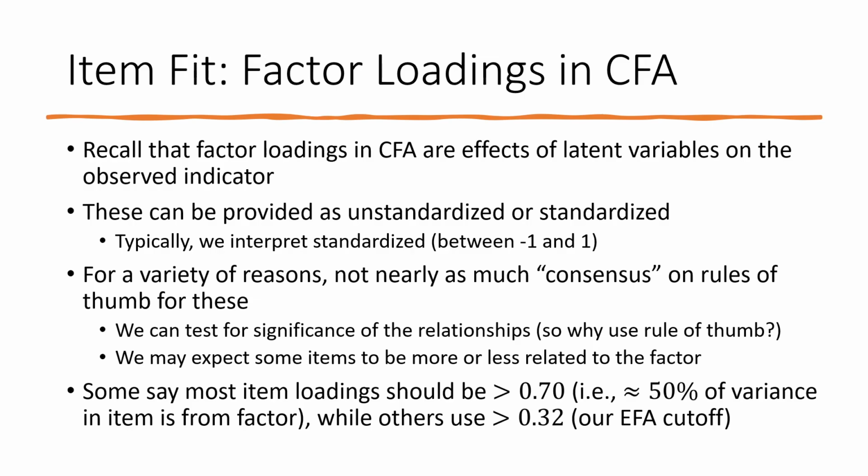So again, you should be able to think through this. You should be able to, after reviewing research, make your own personal decision regarding what your cutoff should be prior to implementing the study. As for me, I think I'd like maybe the factor to be the biggest source of variance in an item.